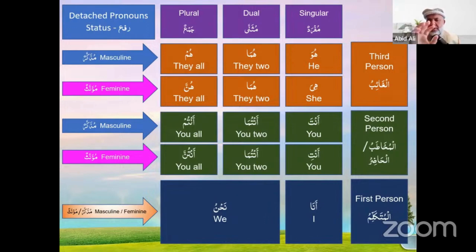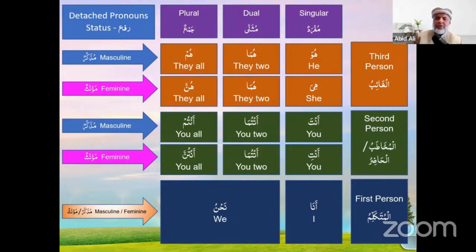What is dual? Muthanna. What is plural? Jama, meaning more than two. In plain English or other languages, two is also considered plural. But in Arabic, there is a distinction. Dual is handled separately, and more than two is handled separately. So huwa is singular, huma is dual or two, and hum is they all, more than two.